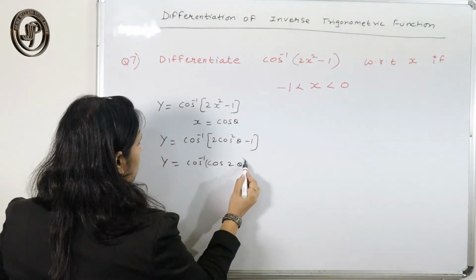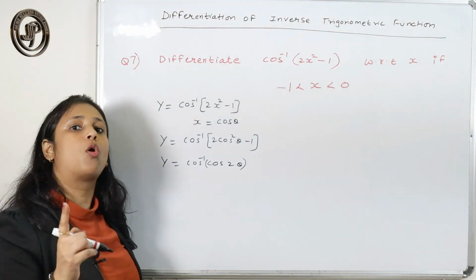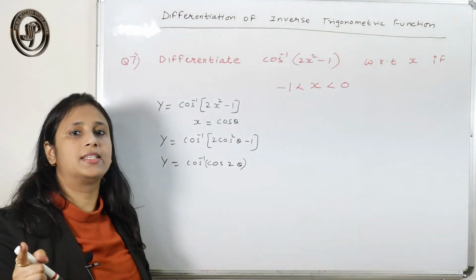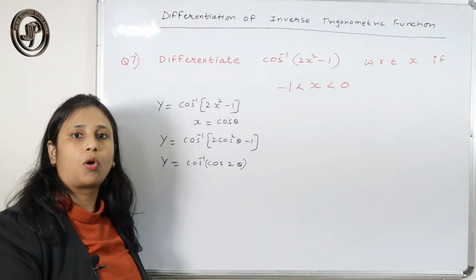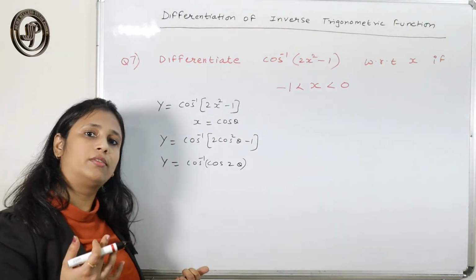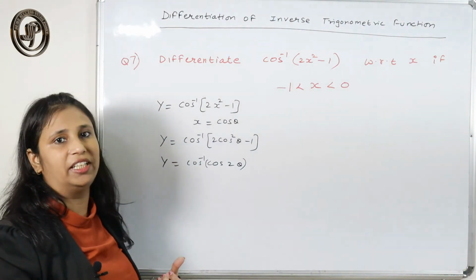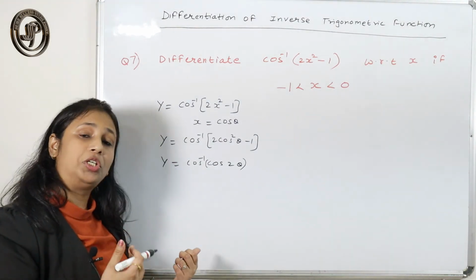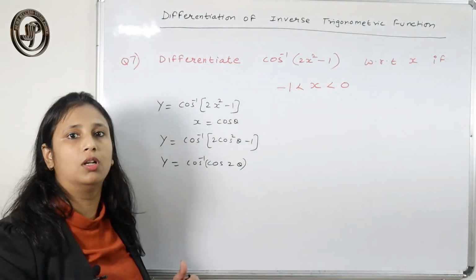But this cos inverse and cos will cancel out only when 2 theta lies between 0 to pi. That is the range for cos inverse x, no? For sin inverse x, the range is minus pi by 2 to pi by 2. But for cos inverse, the range is 0 to pi. That you have to learn.